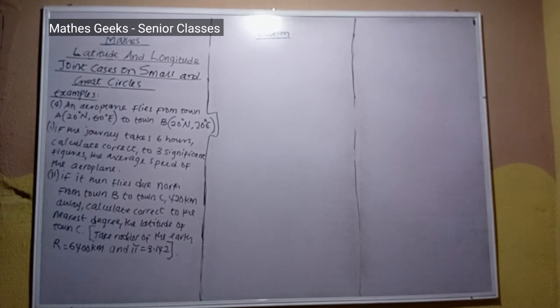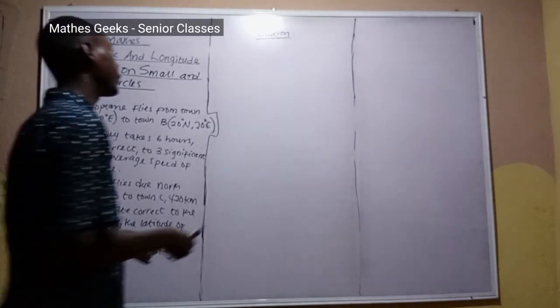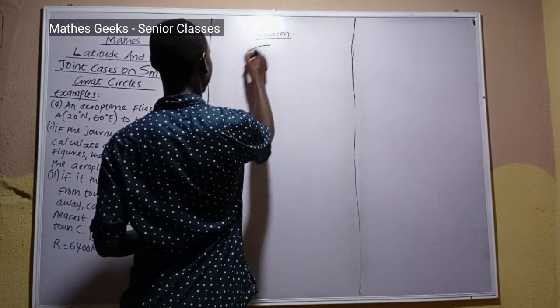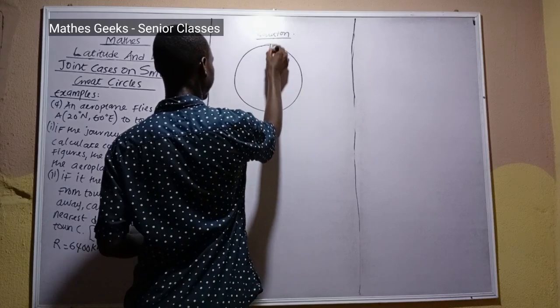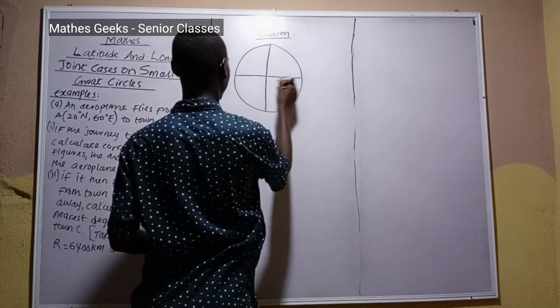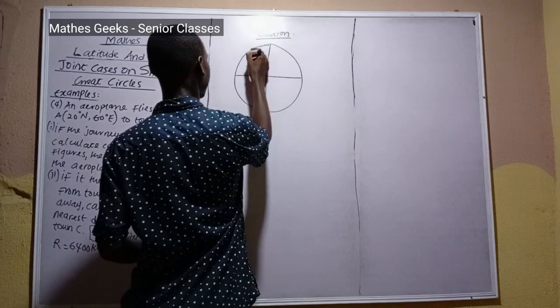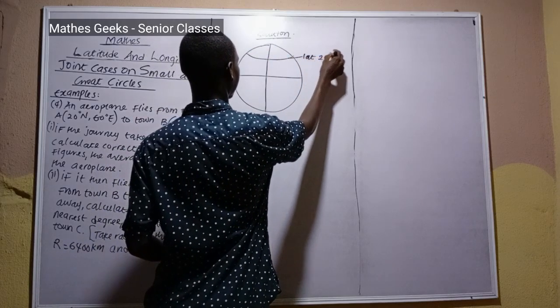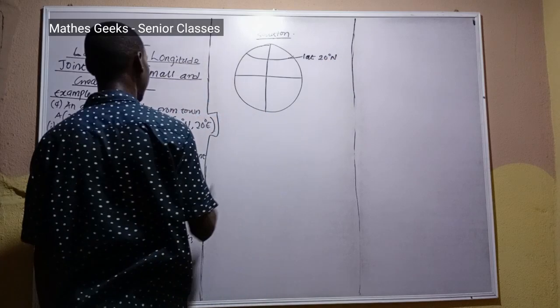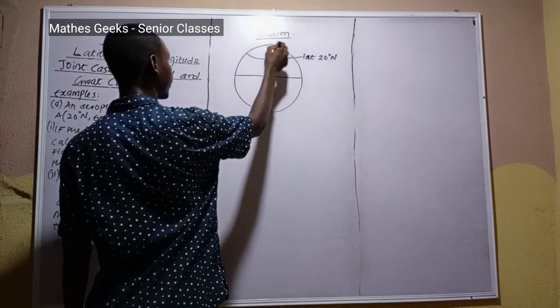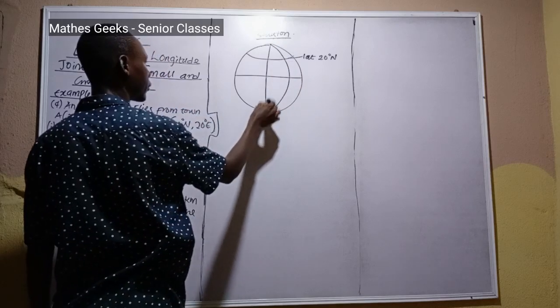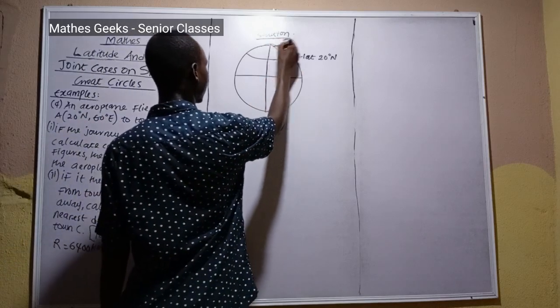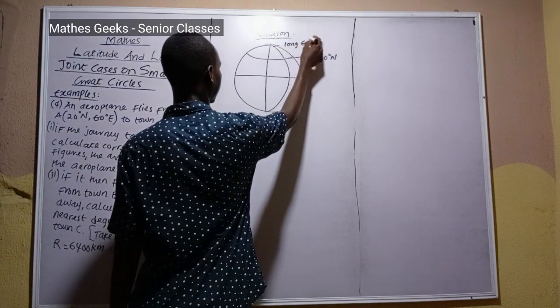An aeroplane flies from town A, 20 degrees north, 60 degrees east, to town B, 20 degrees north, 20 degrees east. So town A is latitude 20 degrees north, longitude 60 degrees east.